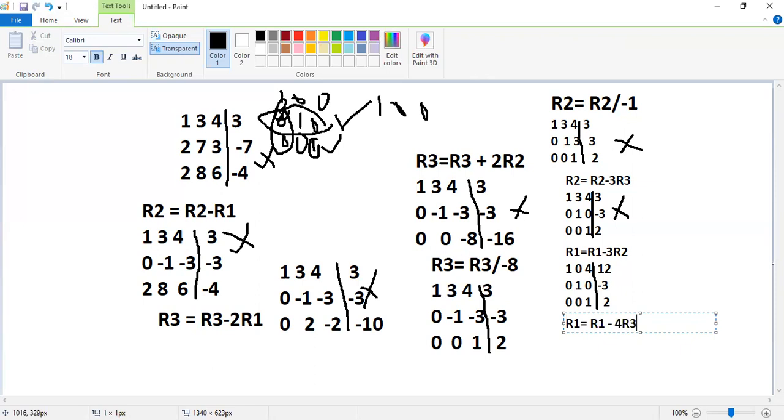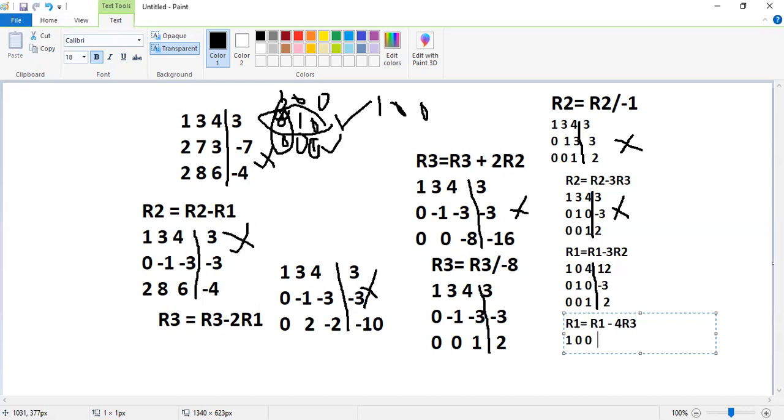So our result will be, since we are working on row 1, that's 1, minus 4 row 3. 4 times 0 is still 0, so our 1 will still remain. 0 times 4 times 0 is still 0. Then 4 minus 4 times 1 gives us 0, because 4 minus 4 is 0. Then our row 1 figure, which is 12, minus 4 times what?